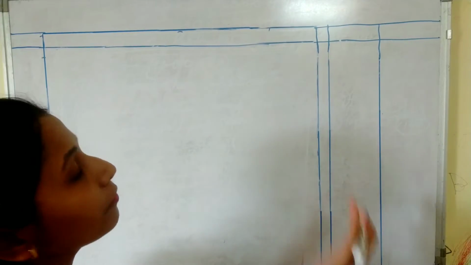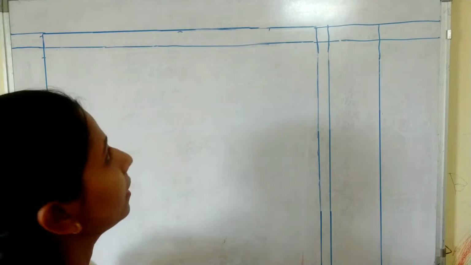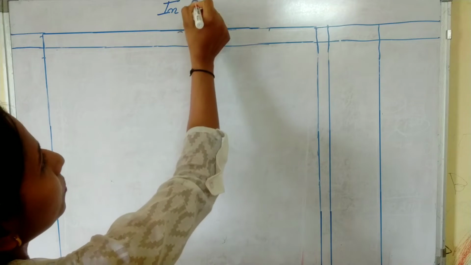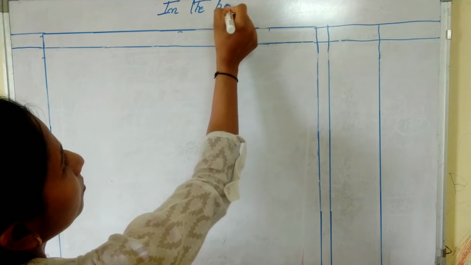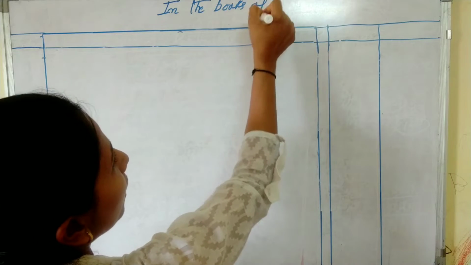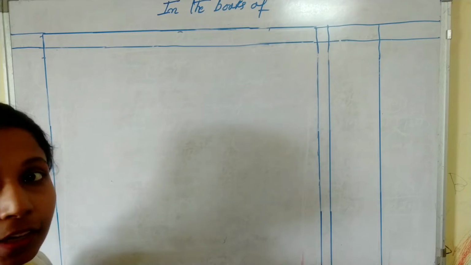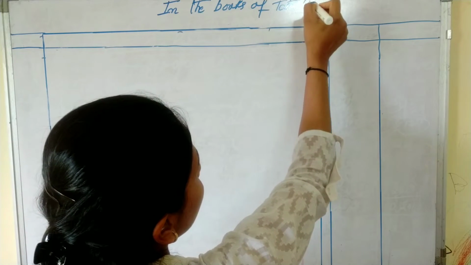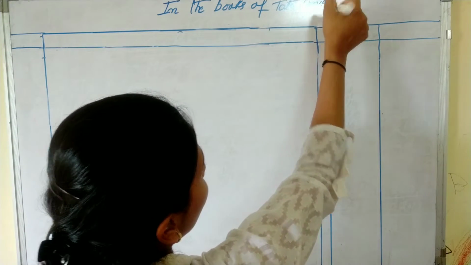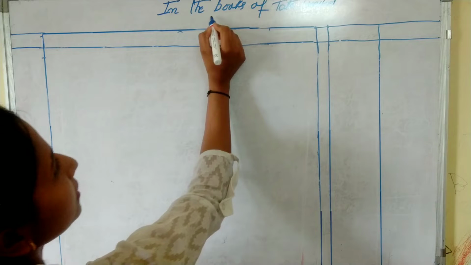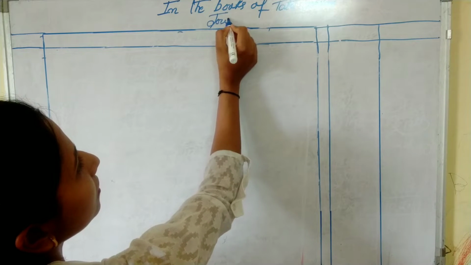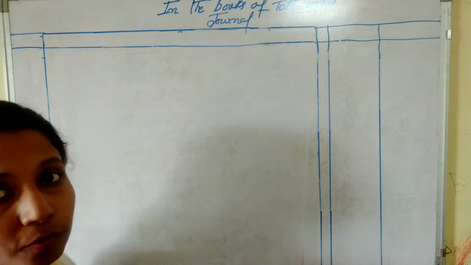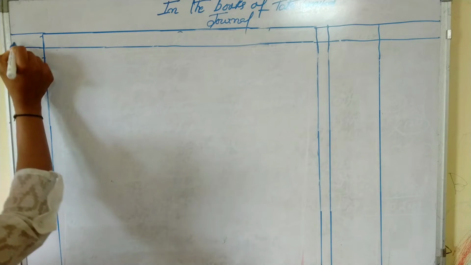So this is the format of our journal. First of all, above the format we will write in the books of. Now, what is the name of our company? Tata Limited. Below this we will write journal. Now, the first column of our format is the date column.